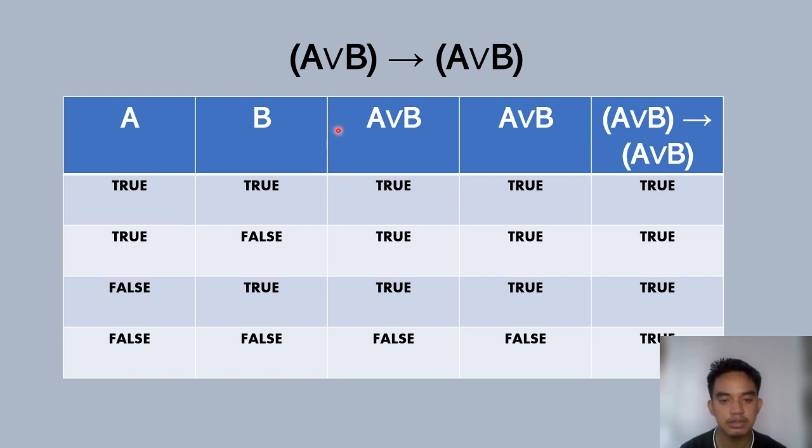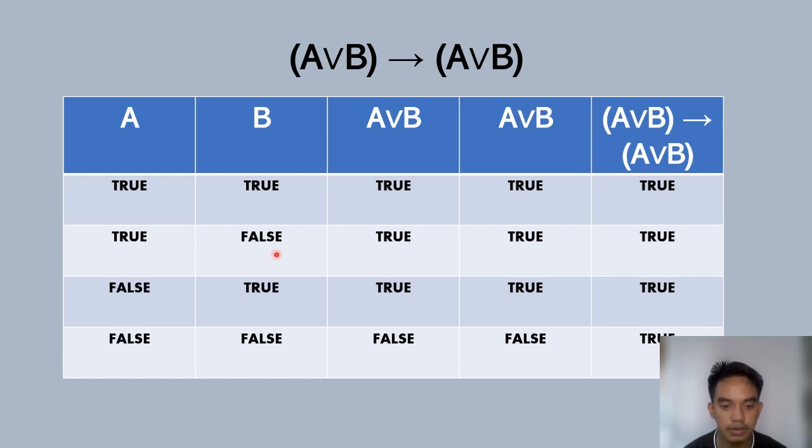Let's try to solve this problem. As you can see, the OR connectives are being used in the application. First, let's try to solve the left side, where A or B. As you can remember, if true, true, the value of the proposition is true.